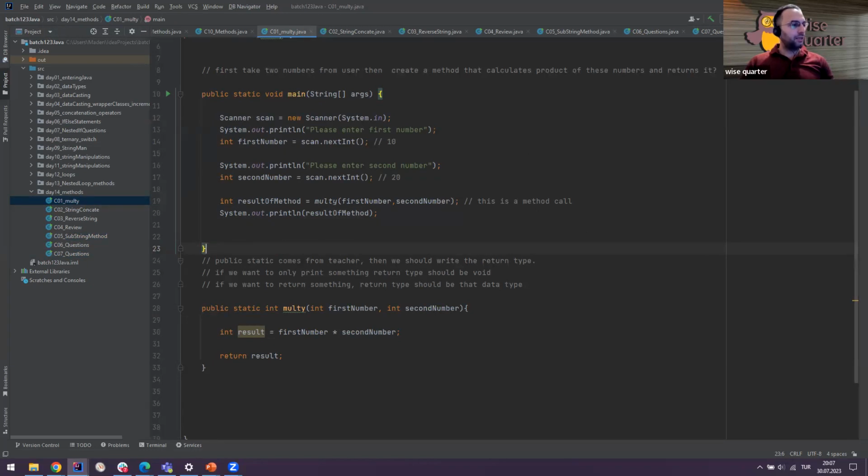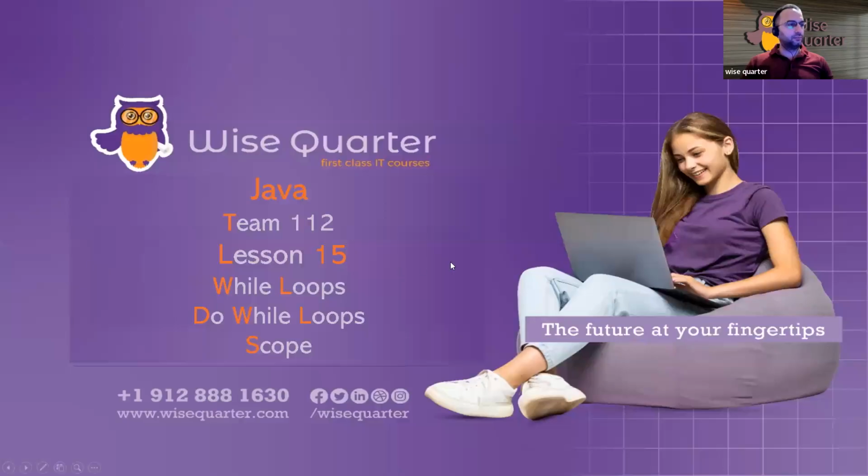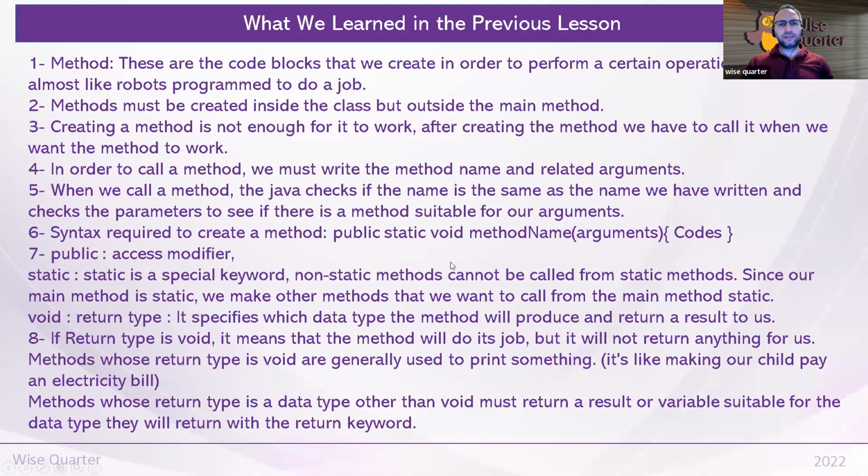So let's continue from the slide. Oh yes, there's a short review here explaining what a method is and how we call a method. I have tried to explain the method with a few words. I hope it is enough.